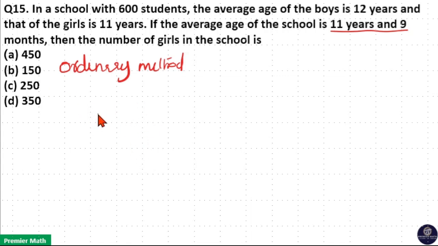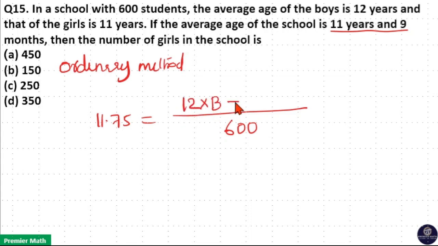So 11.75 is the average of the school, which is equal to sum of age of the boys and girls divided by total number of boys and girls, 600. Here sum of age of boys and girls is average of boys is 12 and total number of boys consider it as B, plus average age of girls is 11 years and total number of girls is 600 minus number of boys.